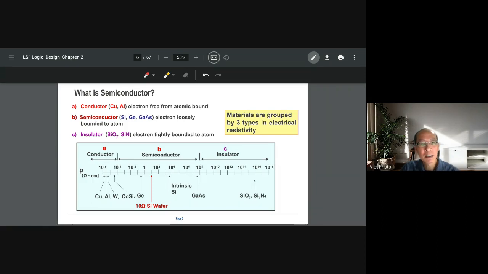And for insulators, you have SiO2, SiN, silicon nitride. Those are insulators. This is in terms of rho, resistivity. So the conductor has the least resistivity, and the insulator has the most. The semiconductor falls in between.